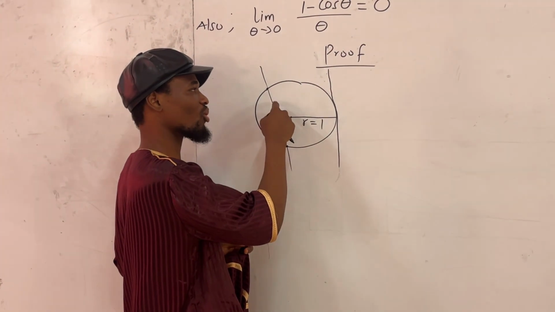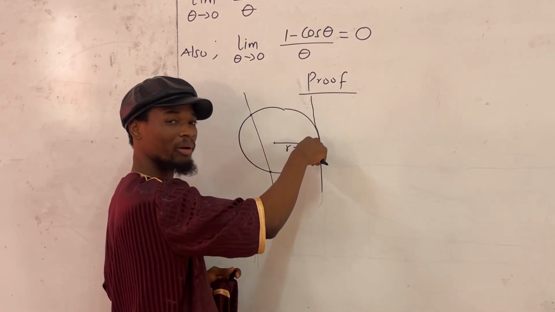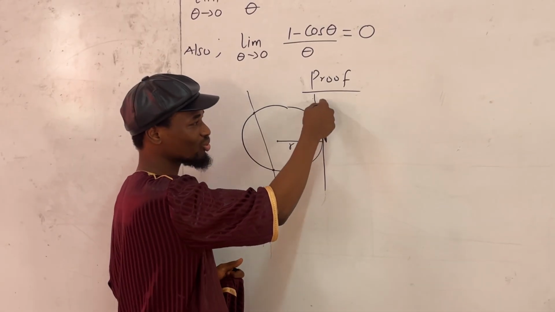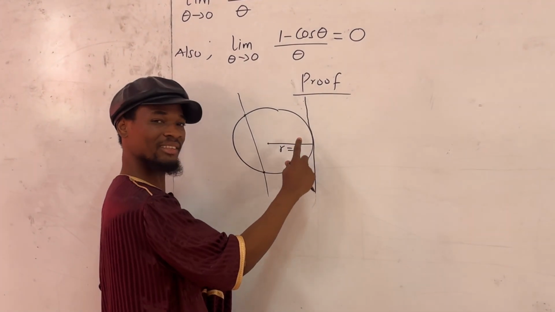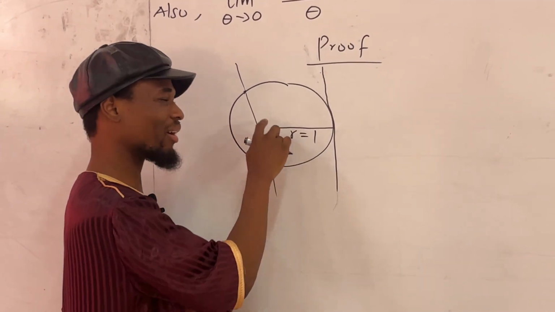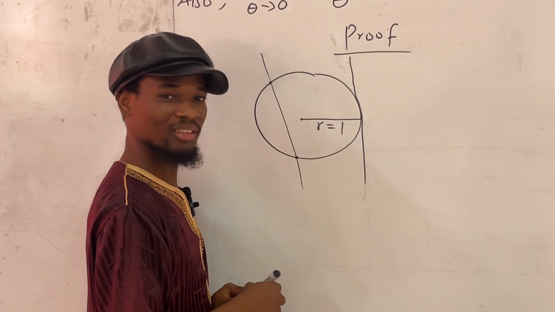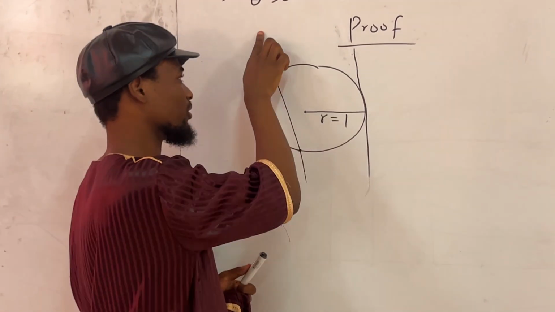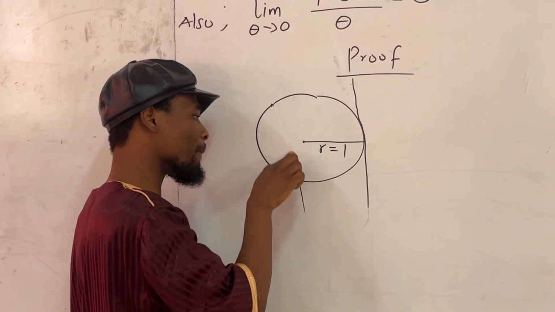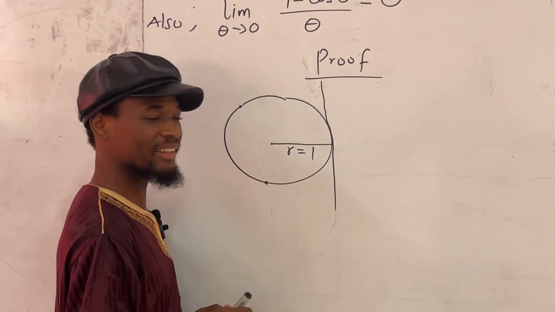But when I draw a straight line to touch the circle at 1 point, that is what we call a tangent. But for a secant line, 2 points. I hope you are getting it that way. But our business for today isn't a secant line, but the tangent.